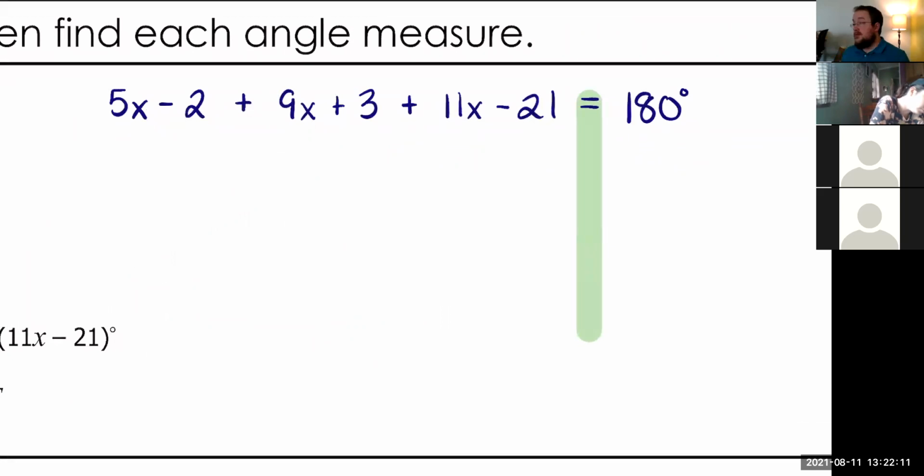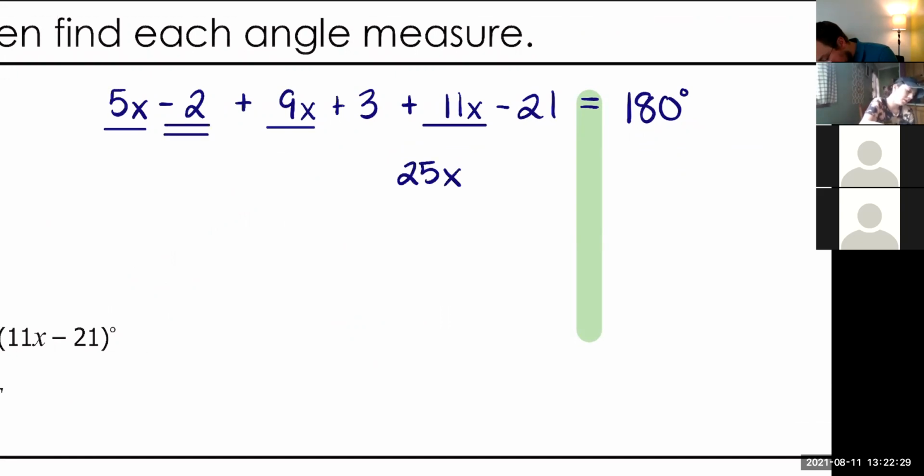What I would do just to clean this up very quickly is combine as many like terms as possible. So the 5x, the 9x, and the 11x, I believe, will give me 25x. The -2, the +3, and the -21, I believe, give me -20.